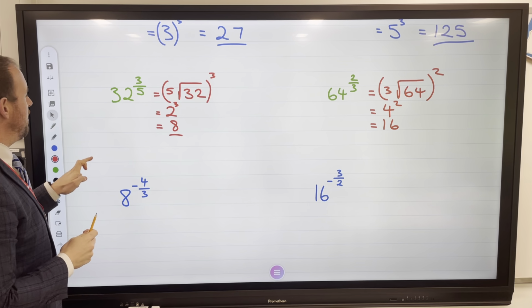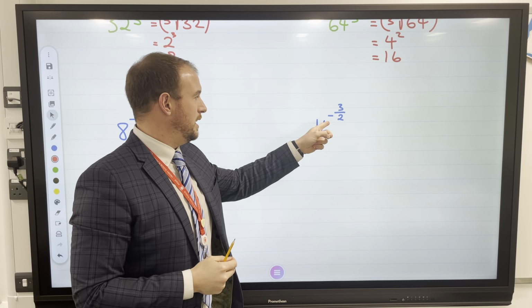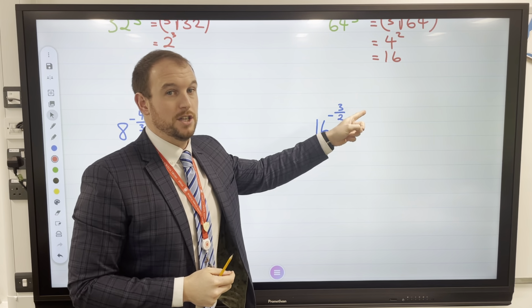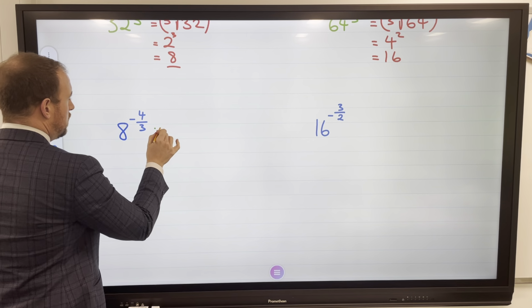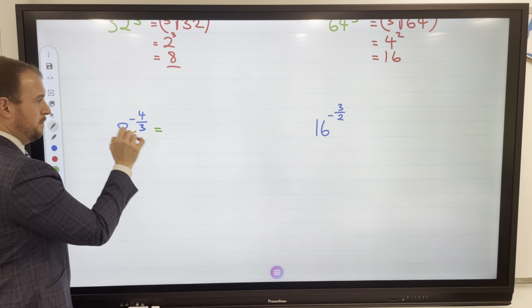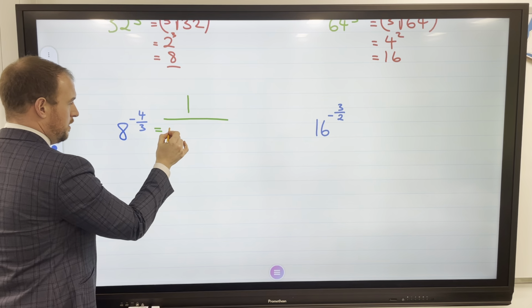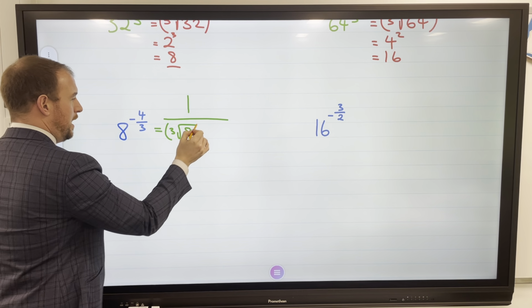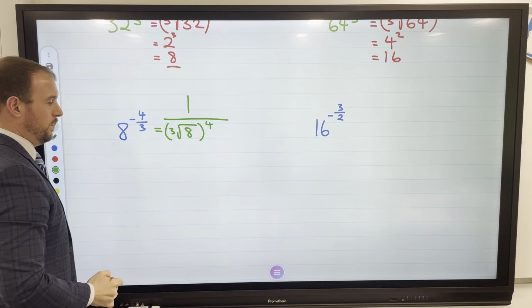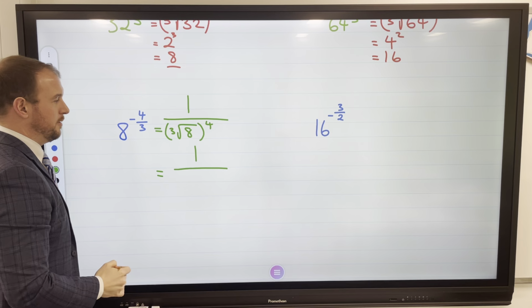Right, for these very last two, I've combined the skills of the negative indices and the fractional indices together. Negative means 1 over. 3 means cubed root. 8 to the power of 4, which means the 1 over always stays the same.